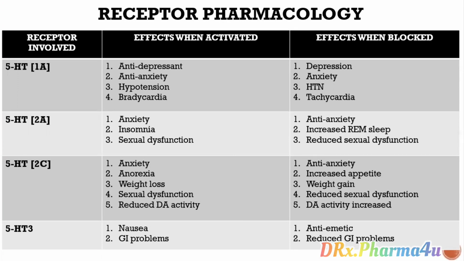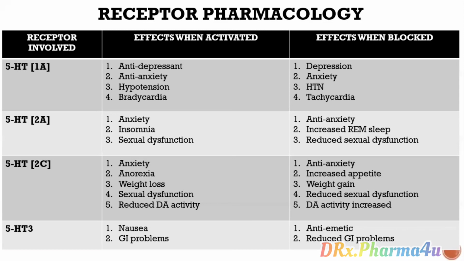So you can build practical knowledge of your own: if any molecule is activating 5-HT1A receptors, its side effect can be dizziness. Its side effect can be orthostasis because it causes hypotension. When you are having hypotension, definitely you will have dizziness. And it also causes bradycardia. Bradycardia means reduced heart rate.